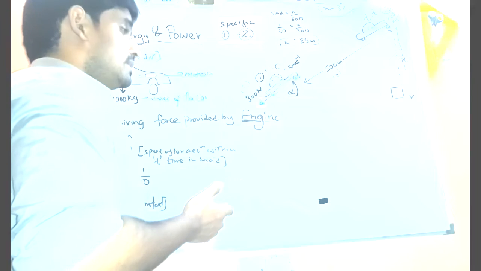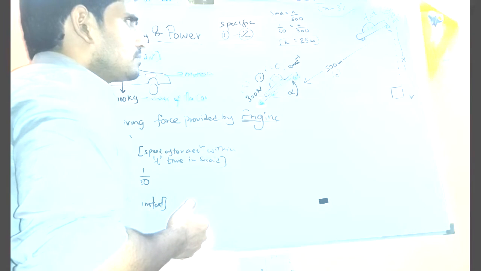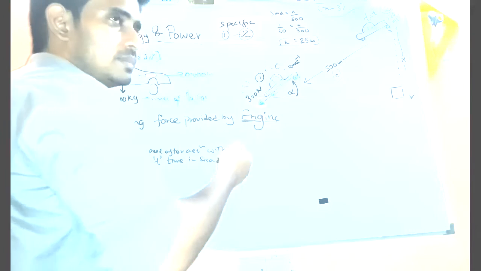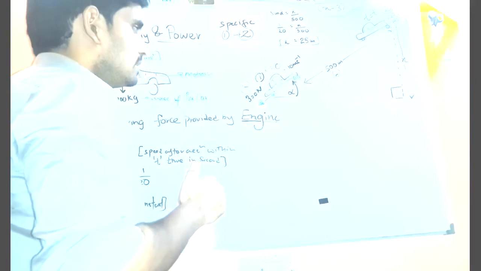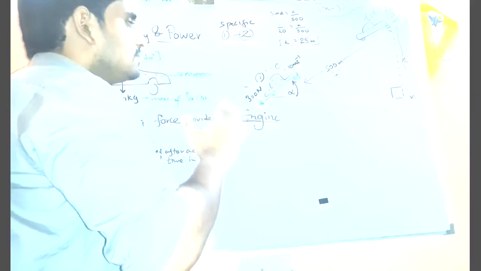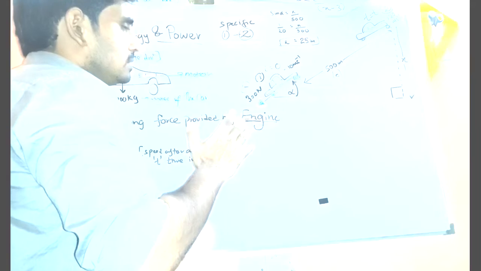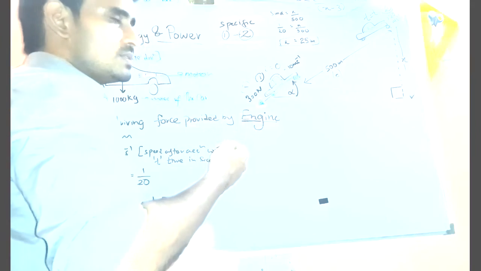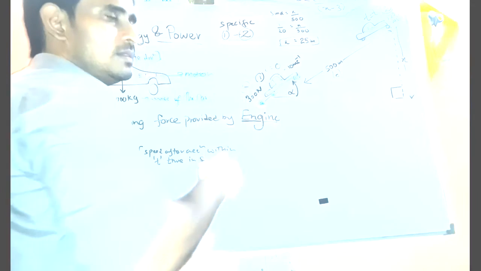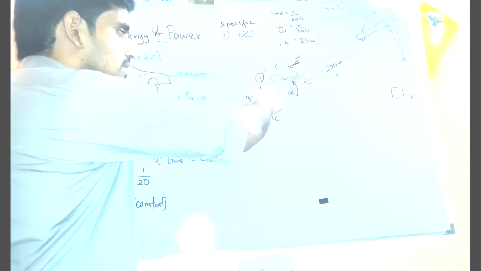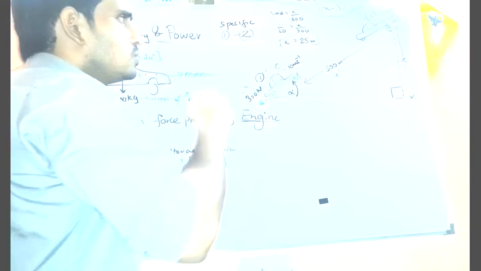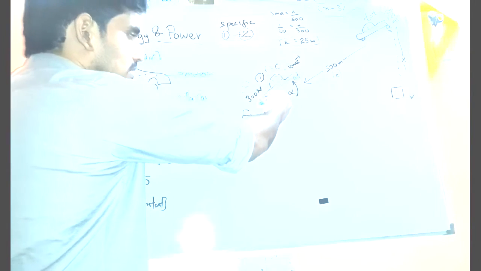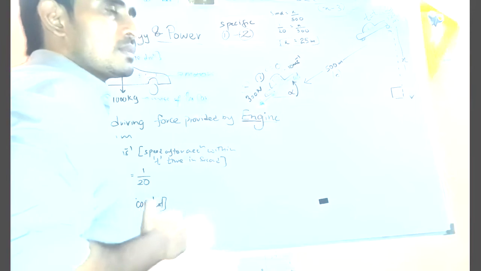In this problem we consider the resultant of all the resisting forces to be the same value, 300 newtons. Throughout this travel from position 1 to 2, the resisting force will be the same.